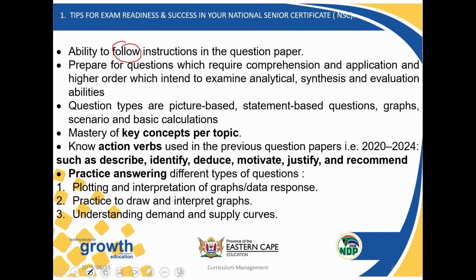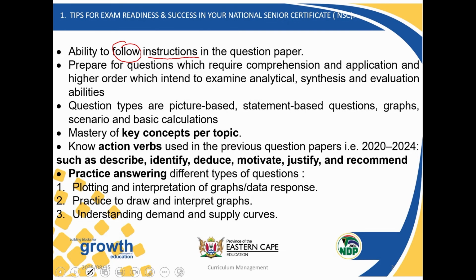All questions have instructions, and the examiner expects you to follow those instructions, because following the instructions is a route towards earning good marks. If you don't follow the instructions, you might end up losing marks.